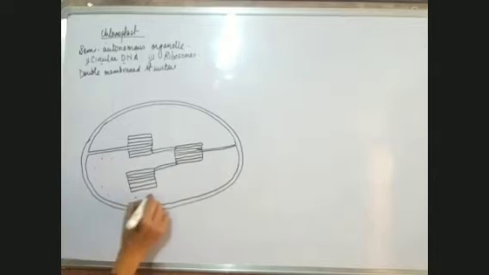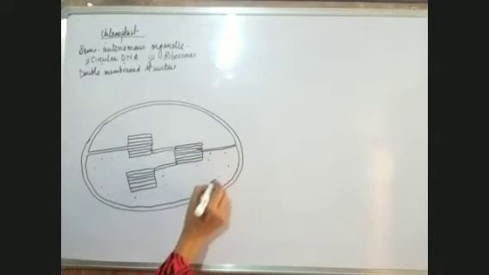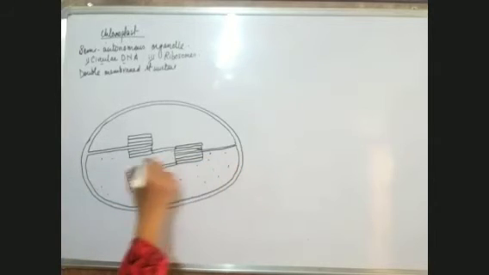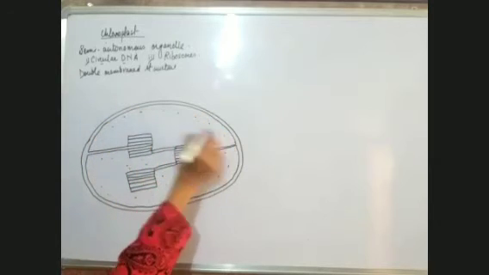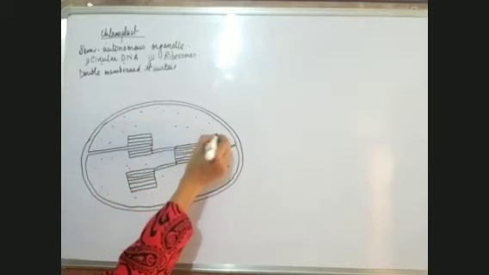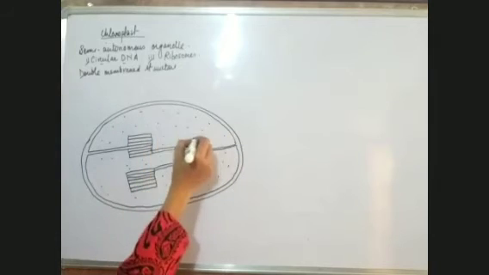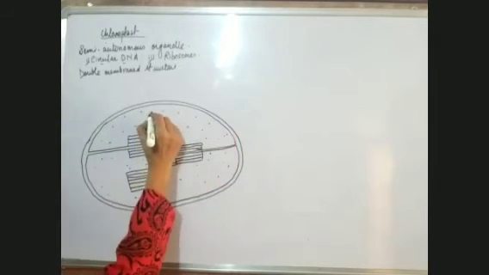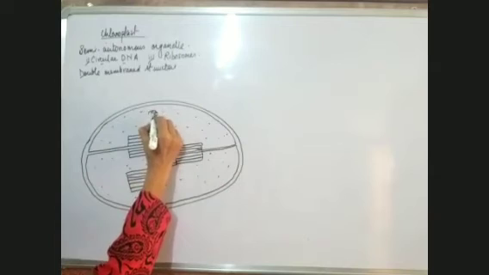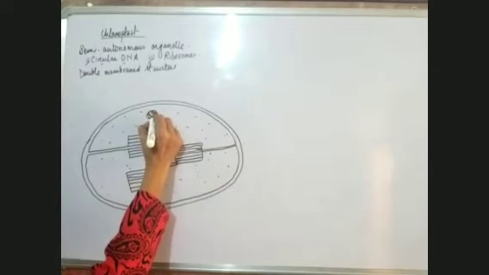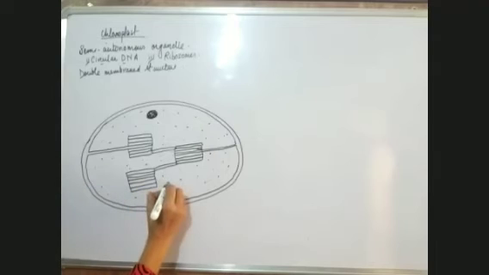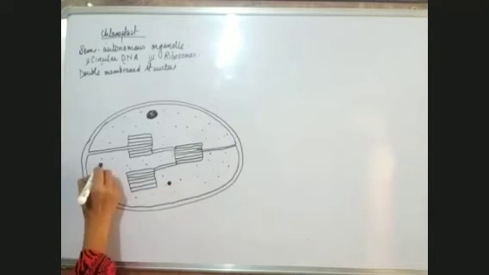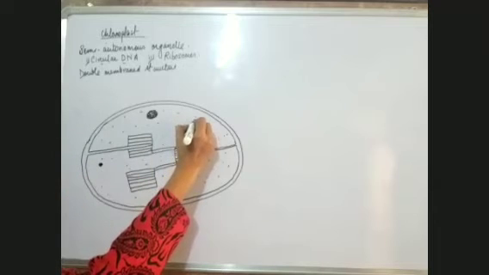Then we have here the ground substance, which is matrix, and this matrix is stroma. Then we have the circular DNA, and some more structures which are ribosomes.